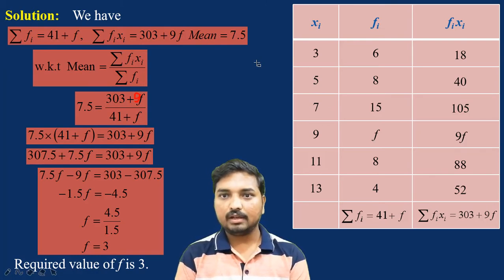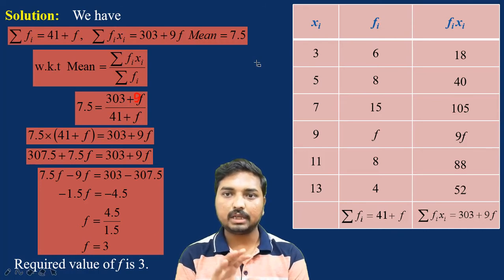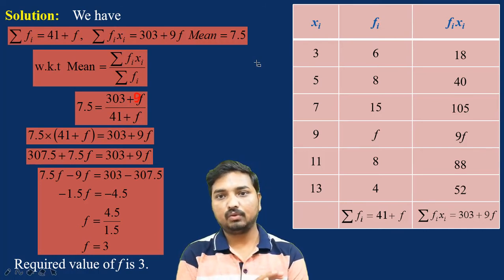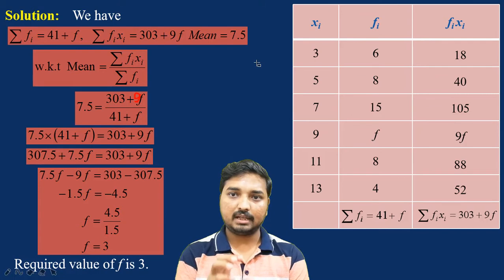So this is the way how to find out the missing frequency in the given data. Remember this one, always follow the direct method. It is better. Don't follow the assumed mean method. And in the problem, he will not ask you to do it by a particular method.